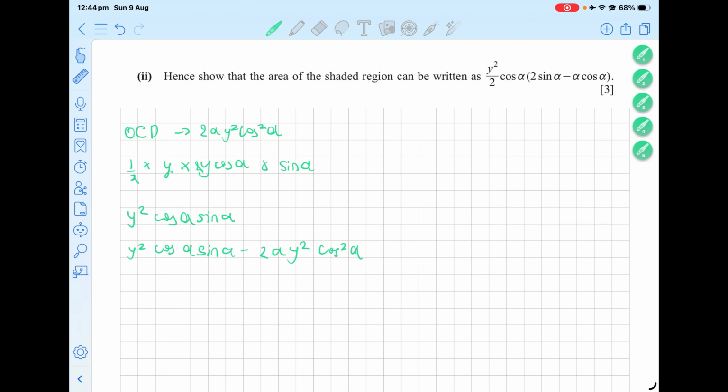So we could factor out y squared to make it, and then a cos alpha to make sine alpha.